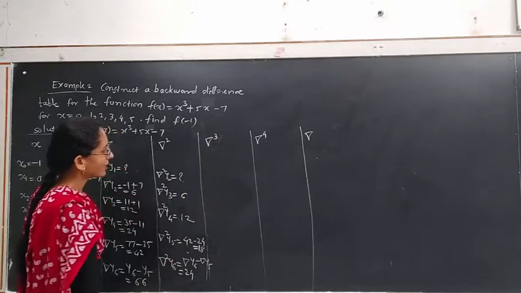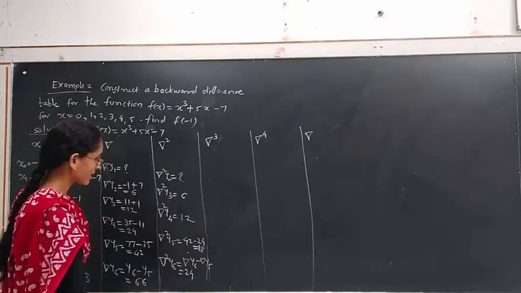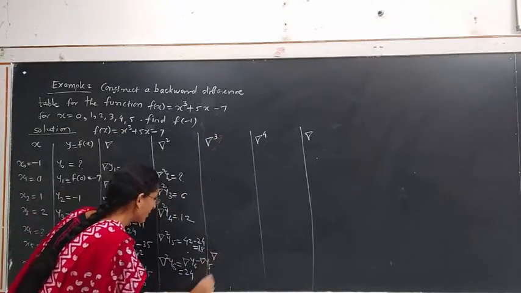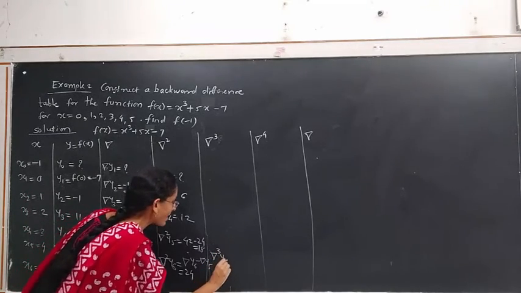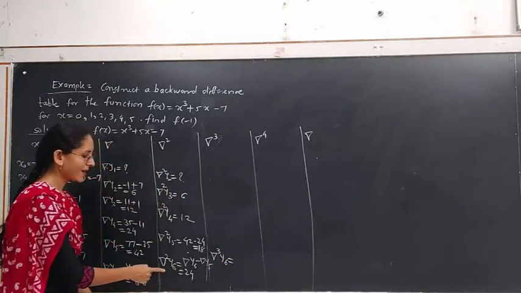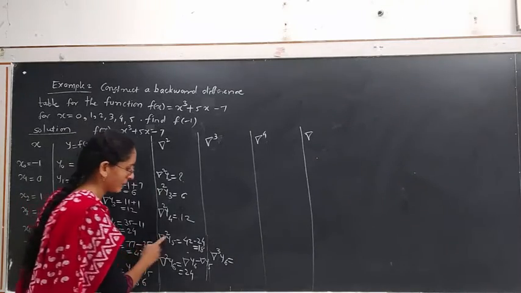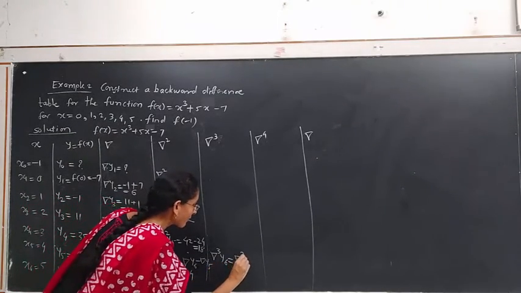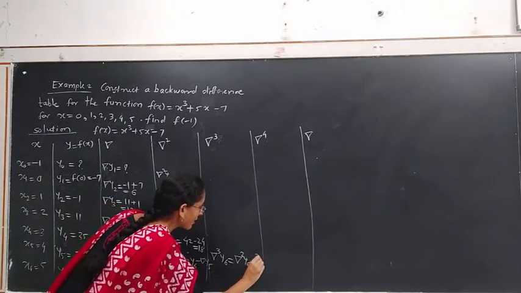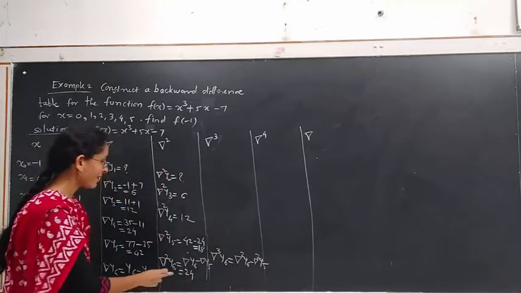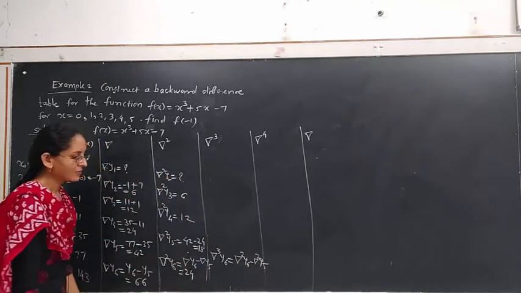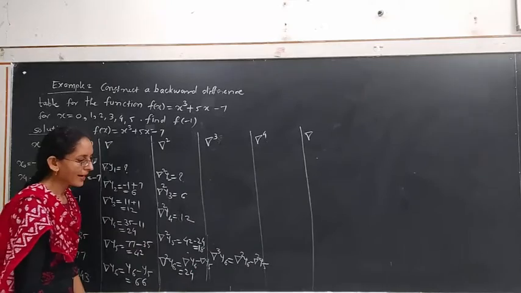In the next column we get third order backward differences. Del cube y6 is del square y6 minus del square y5. What is the formula? Del square y6 minus del square y5. Del square y6 value is 24 and del square y5 value is 18.